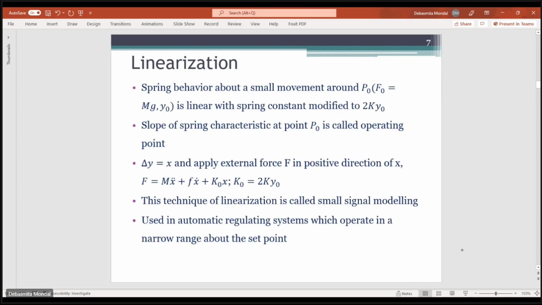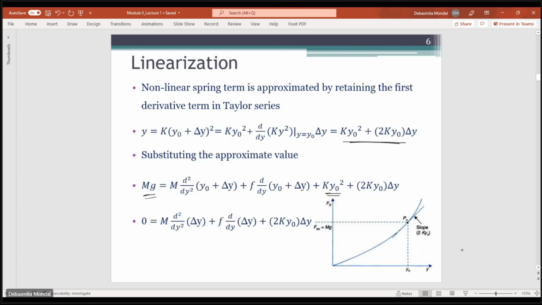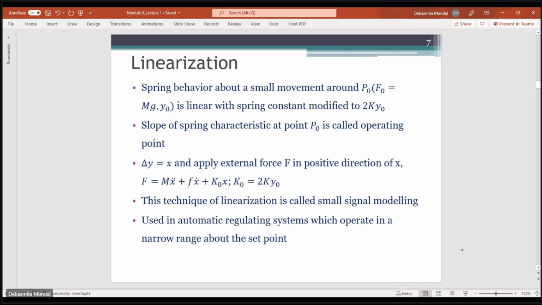Okay, so here you can see the spring behavior about a very small movement around the operating point. So that is my operating point, the value of y is y0, and the value of force is, let's say, Fs0, which is equal to mg. Around that operating point, the whole system is linear, and the spring constant has changed. Previously the spring constant was k, and in the modified linear system, the spring constant is modified to 2 k y0.